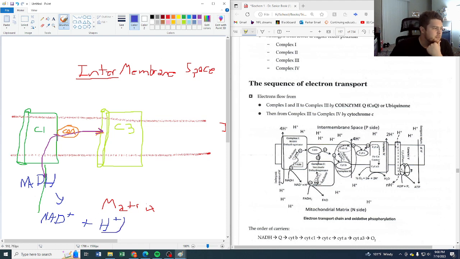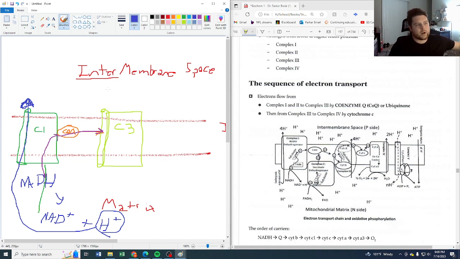And these hydrogens that are now free floating, we're going to get some of those and pump them up out into that intermembrane space. So they go from the matrix up into the intermembrane space to start building that gradient that we need eventually to form ATP.